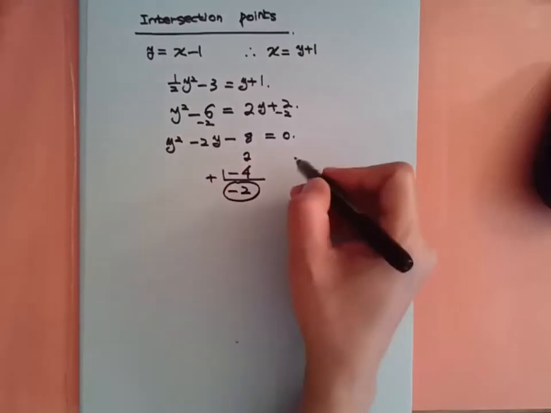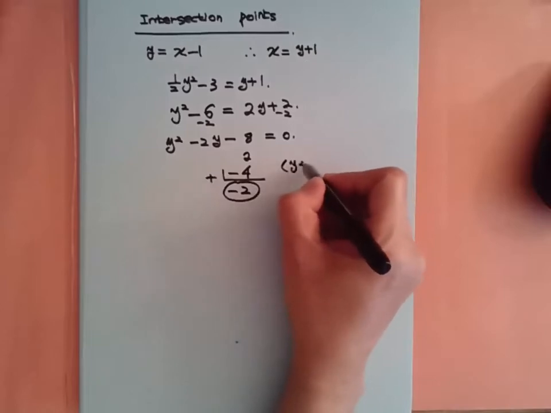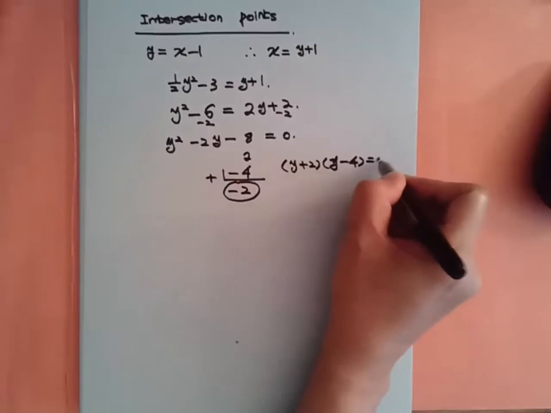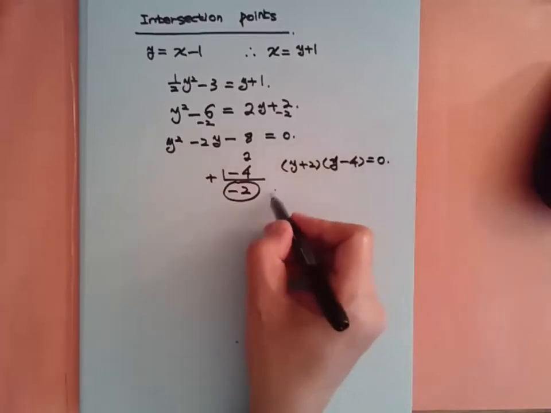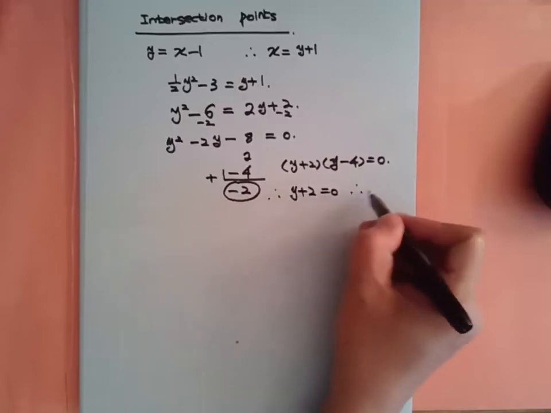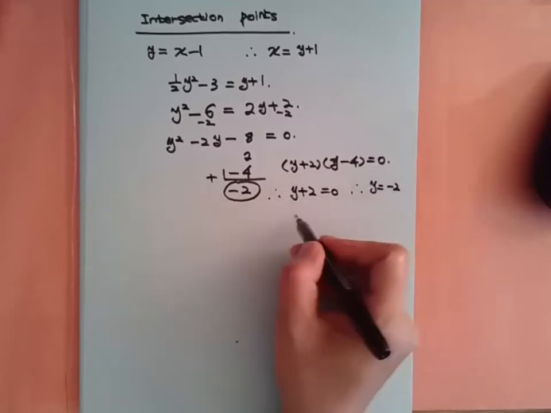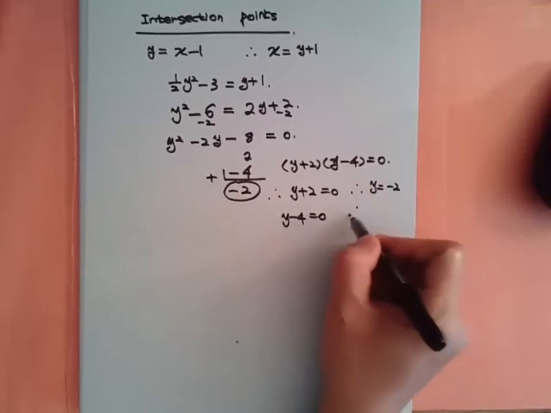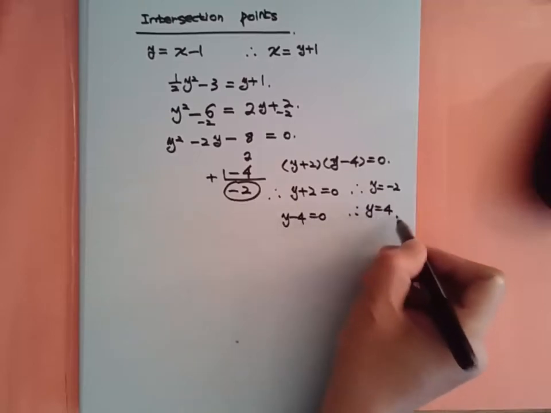So factoring goes: y plus 2 times y minus 4 equals 0. So y plus 2 equals 0, that means y equals minus 2. And y minus 4 equals 0, that means y equals 4.